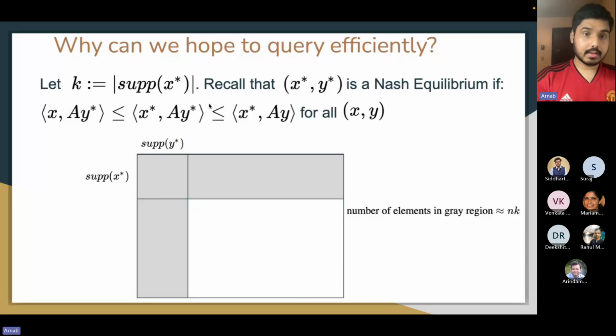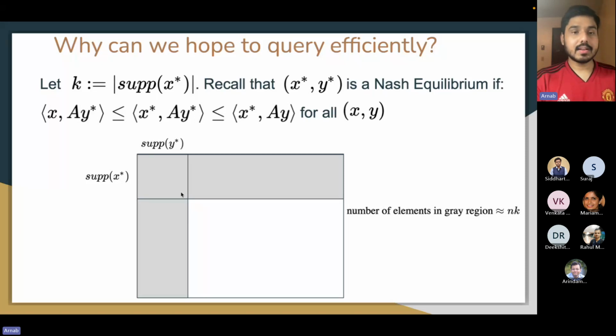So in that case, if you take a union, this white huge portion is irrelevant to the inequality. Whatever changes you make here, it won't affect this inequality. So it says that there are a lot of matrices which share the same Nash equilibrium and even the same supports.